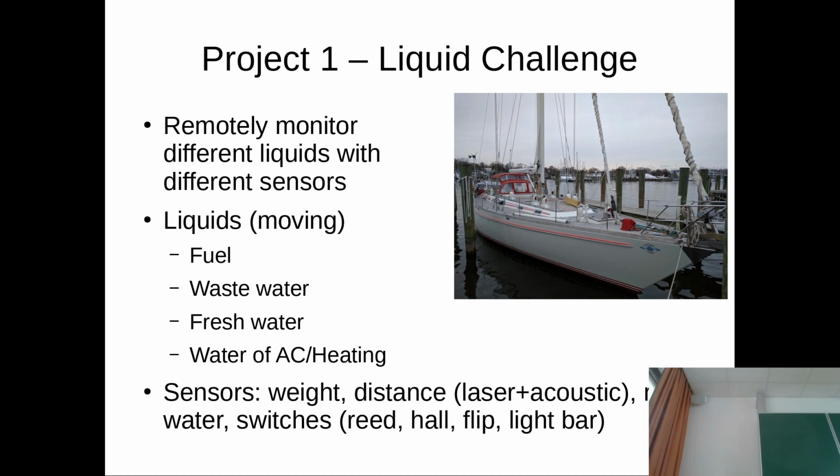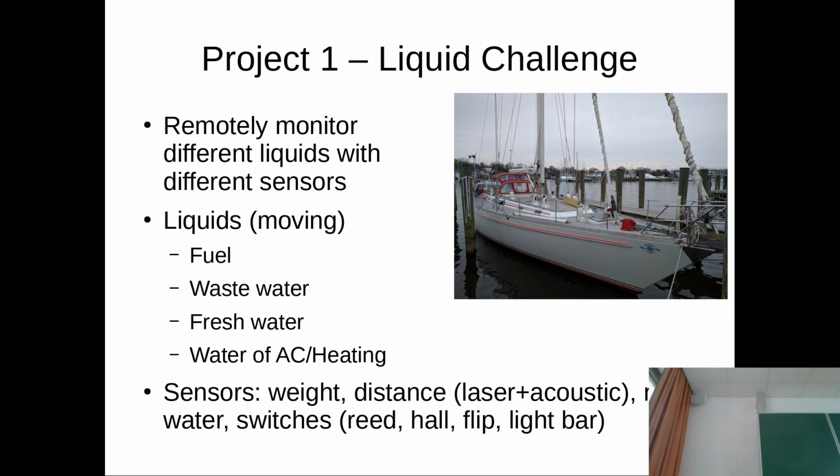We have different types of distance sensors, lasers, acoustic, or you can even use an LED which can receive intensity of light, and you can do a calibration and, depending on the liquid, still figure that out. We have a rainwater sensor, a conductive sensor, so you can see how much water is there, and depending on the water it will give you different results. And we have tons of different switches where you can look at different levels of the liquids.